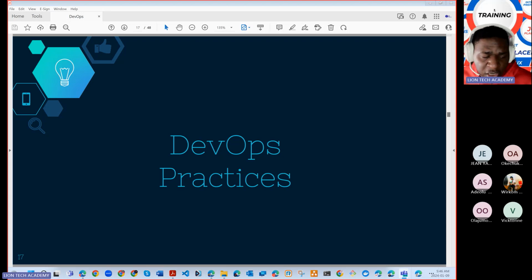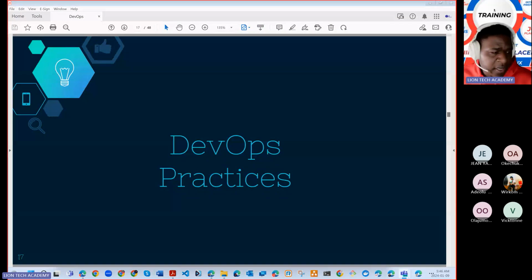DevOps is not tools, but however, tools are necessary for implementing DevOps. Just like, for example, cooking is not tools. Cooking is a practice. However, we need tools in the kitchen to cook successfully.